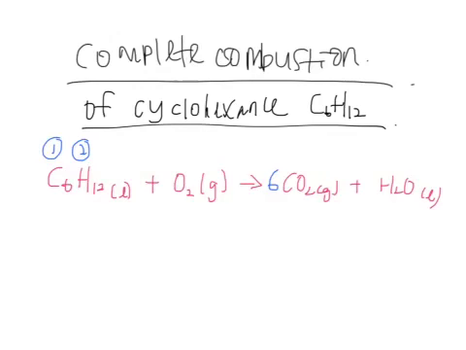So, to make it 12, we put a 6 here again. And lastly, to finish up the balancing, we balance oxygen. Oxygen here would be 12 plus 6, a total of 18 oxygen. So, we're going to write the 9 here. Done. This is as simple as it gets. Remember the order of how you balance it.